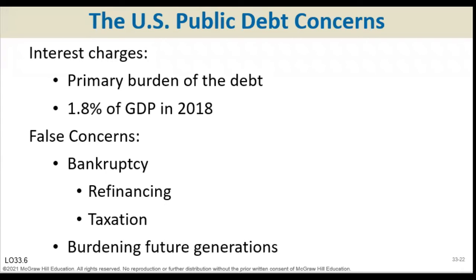So the true burden of the larger public debt is borne by those who pay taxes or loan the government money today to finance government spending. Also keep in mind, if the spending is for a productive purpose, it will enhance the future earning power of the economy, right?